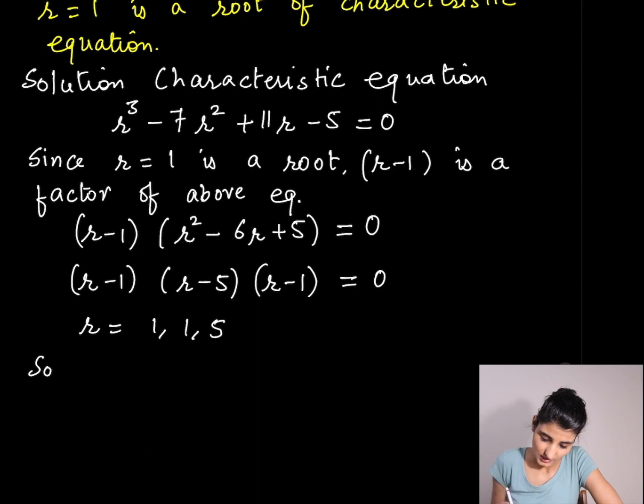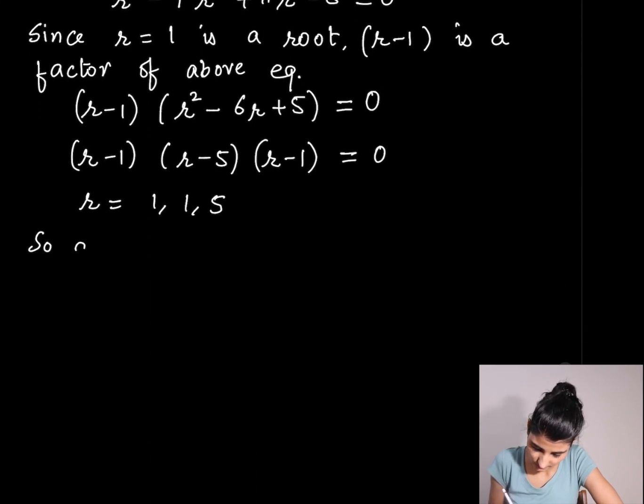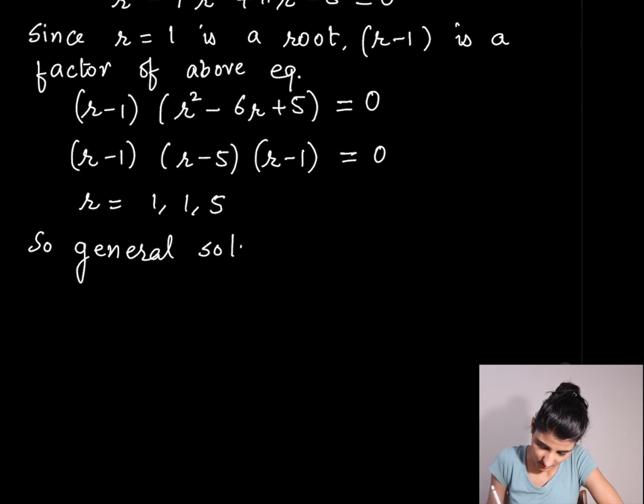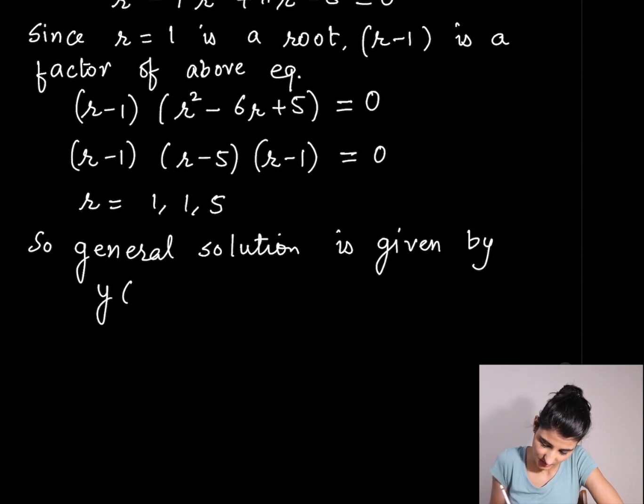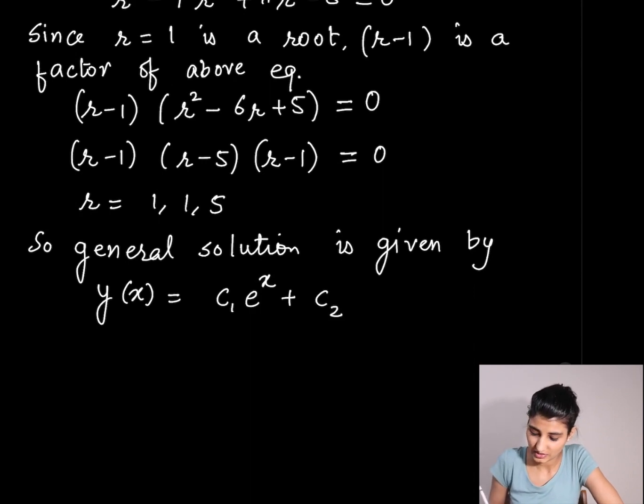So the general solution to above homogeneous equation is given by c1 e power x plus c2, since 1 is repeating, so we will multiply it with x, plus c3 e power 5x.